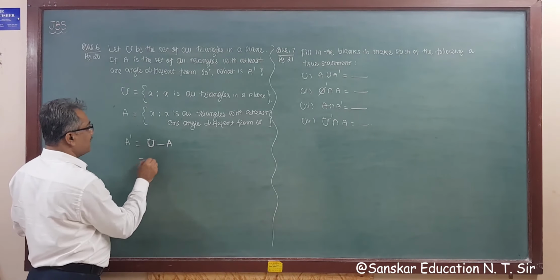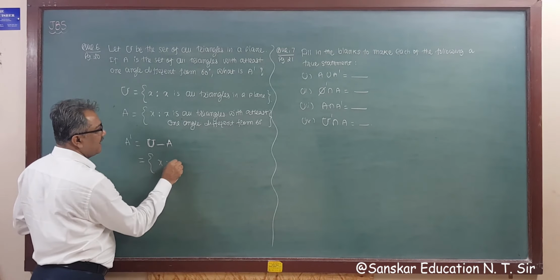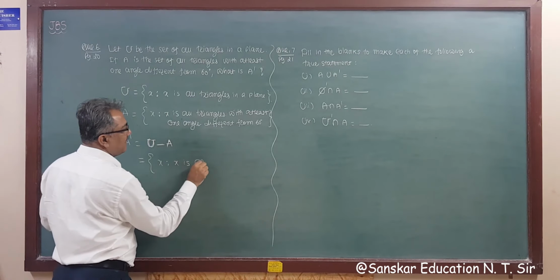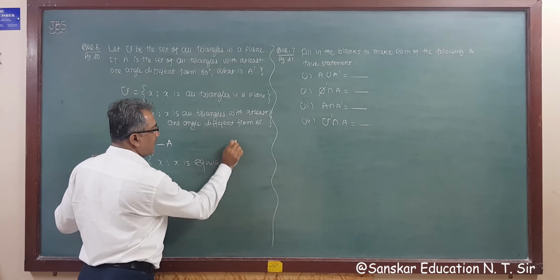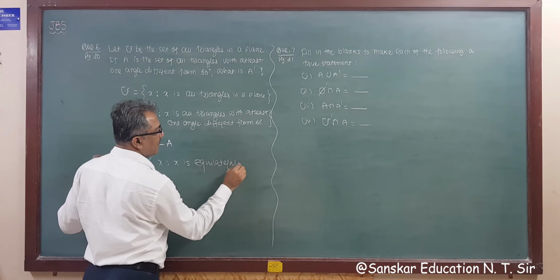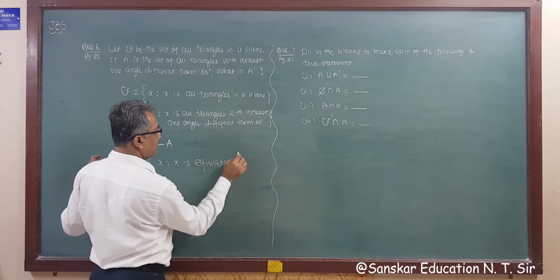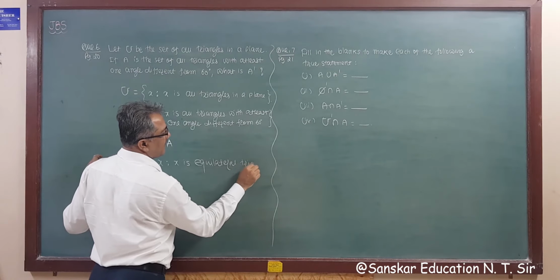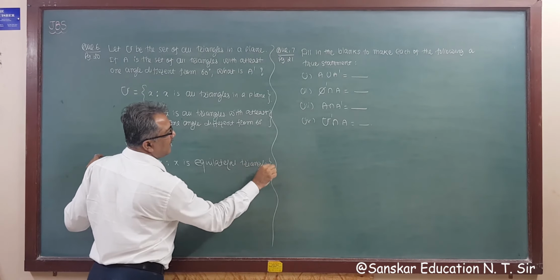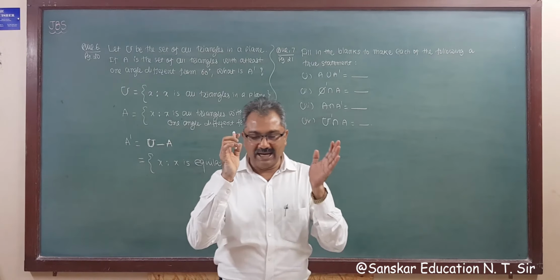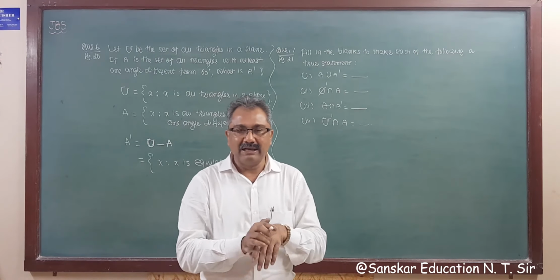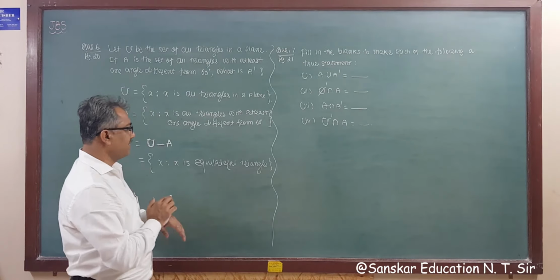So A' is equal to X, where X is an equilateral triangle. Got it? So X is an equilateral triangle, right?